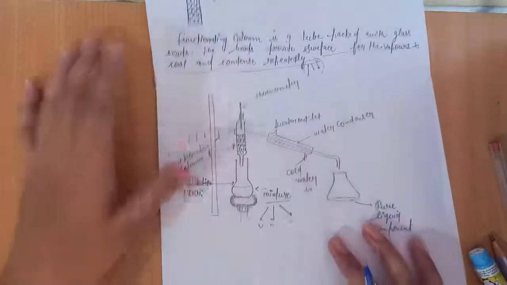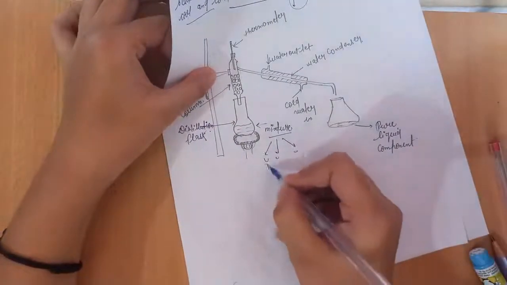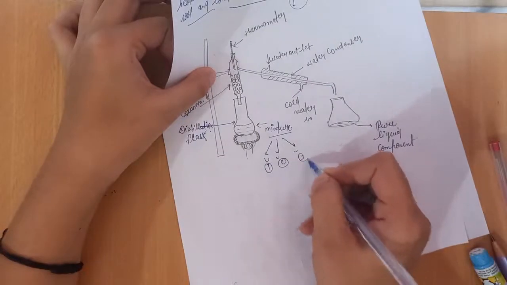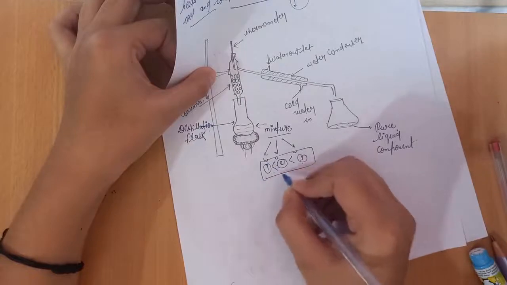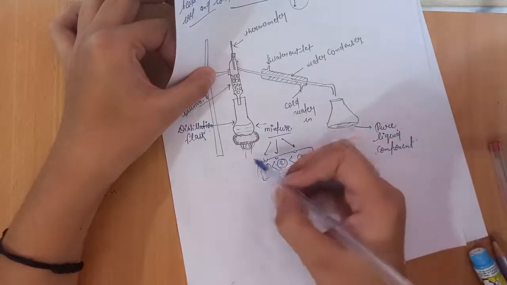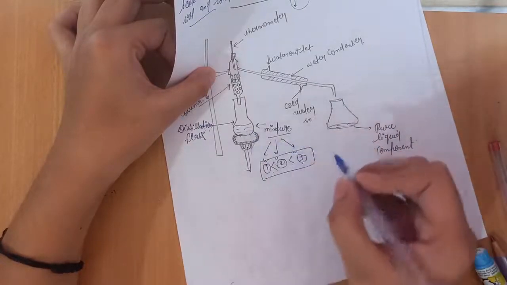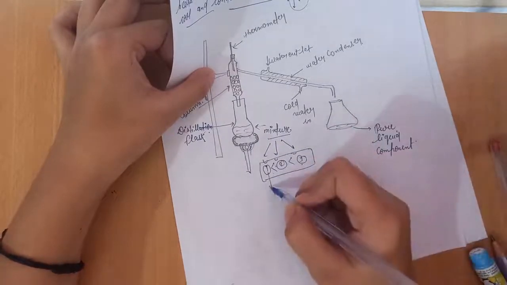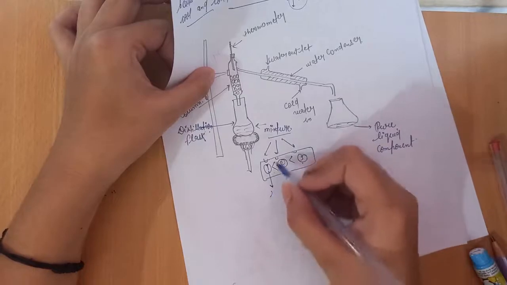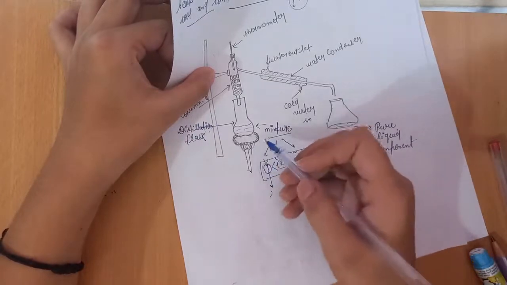Suppose there are 3 components in this mixture, first, second and third, in increasing order of their boiling points. When we heat the mixture, the first component starts to form vapors, because its boiling point is lower and it forms vapors by receiving less heat.